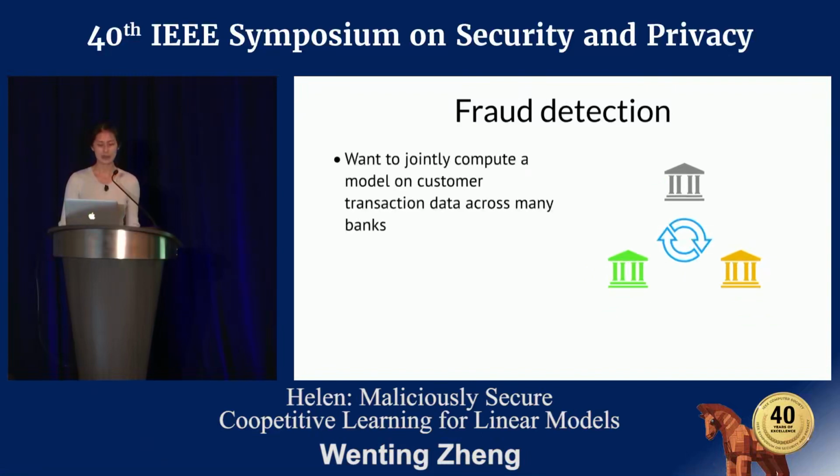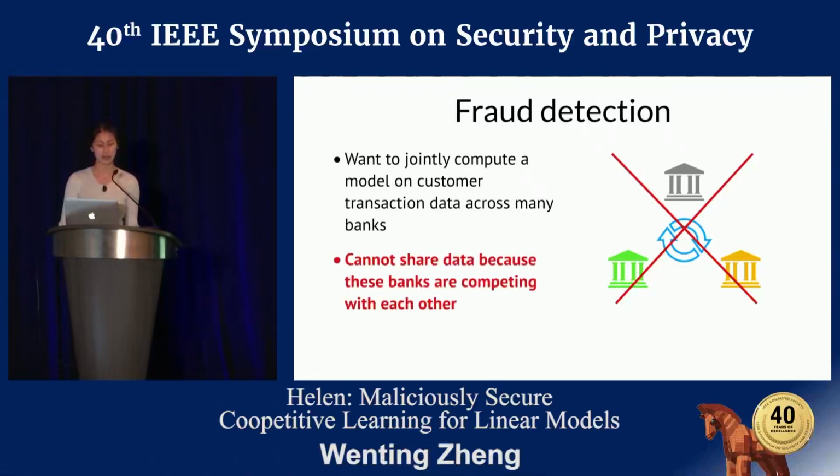So really the ideal way to compute a model for fraud detection is to jointly compute a model on customer transaction data across many of these banks. However, this currently cannot happen because the banks cannot share data with each other, because they're in competition with each other and also possibly due to some privacy regulations.